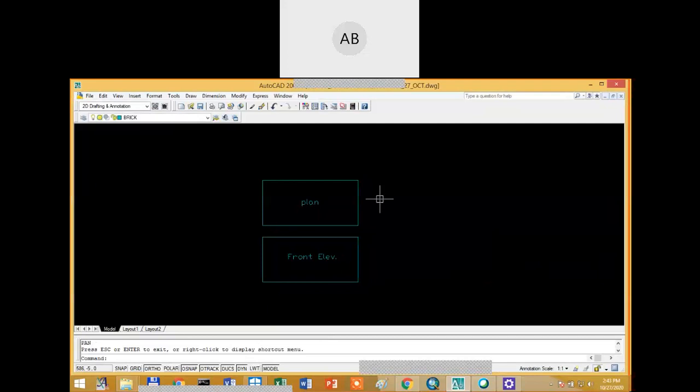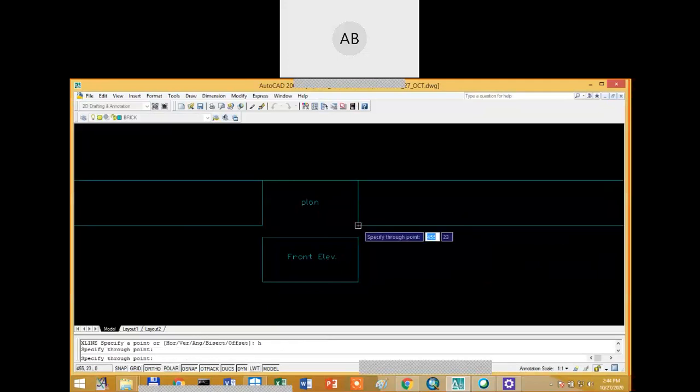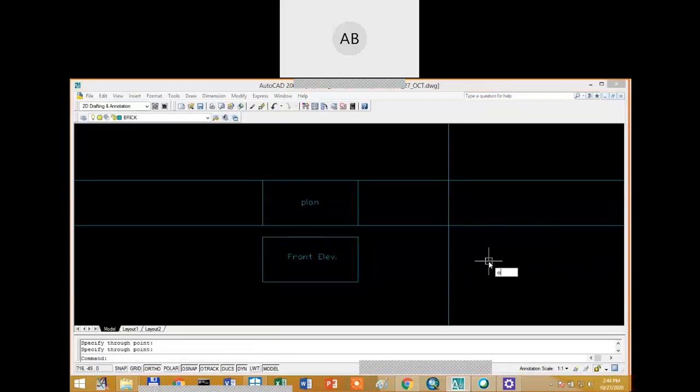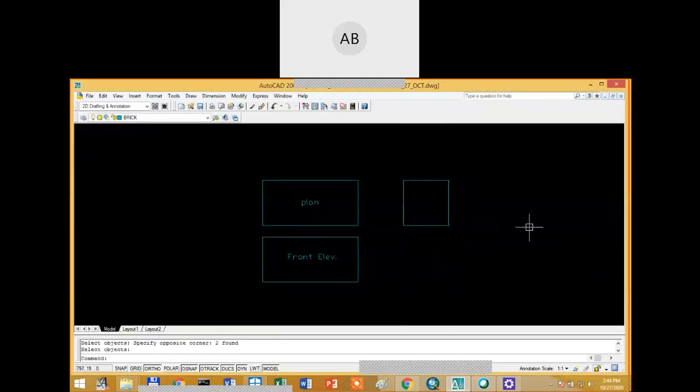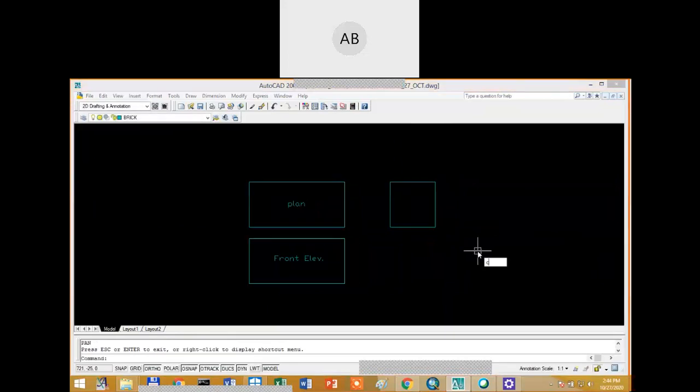Okay. Now I have to draw the side elevation. So there I again make a construction line. This time a horizontal construction line like this, and then again a vertical construction line like this, and I offset this 90 millimeter this way. And then using the boundary command, I can create the side elevation.